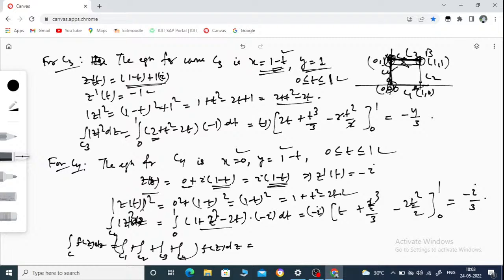If we add them, the integration over C1 is 1 by 3, over C2 is 4i by 3, over C3 is minus 4 by 3, and the last one is minus i by 3. If you add these, you will get minus 1 plus i. So this is the final answer.